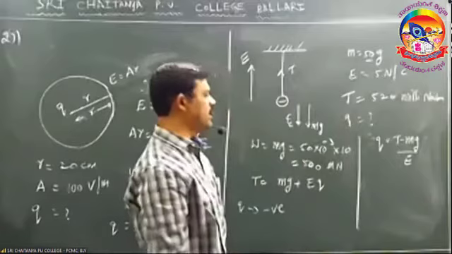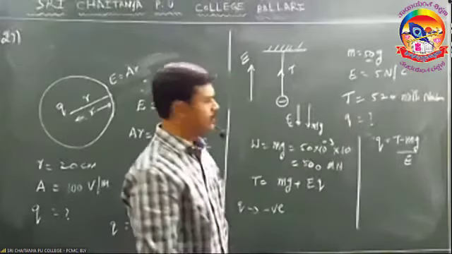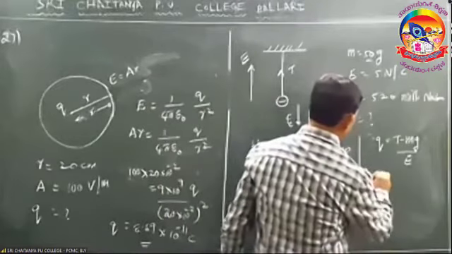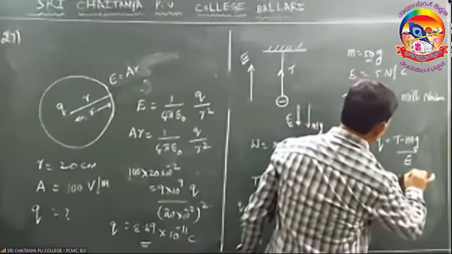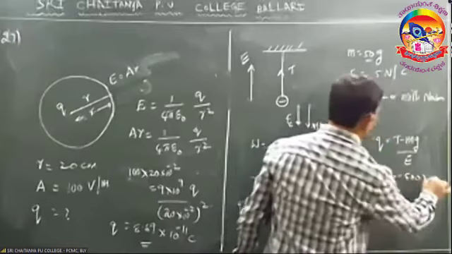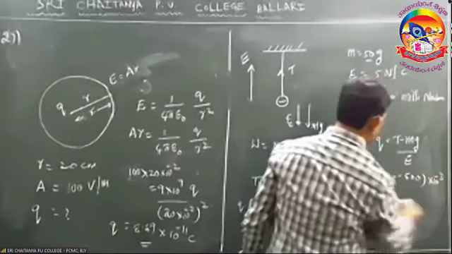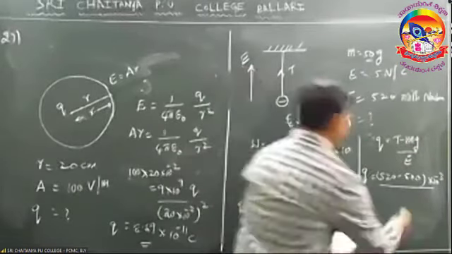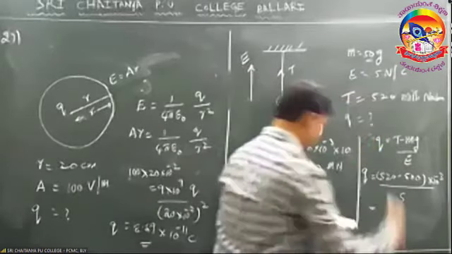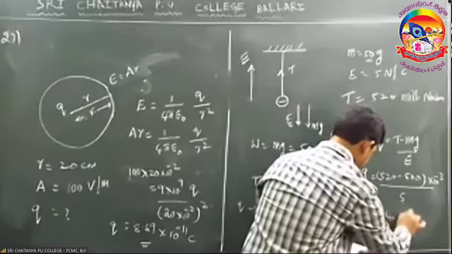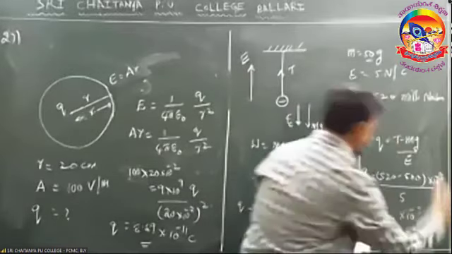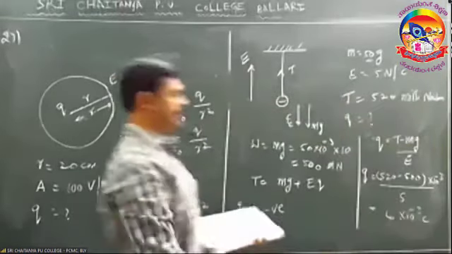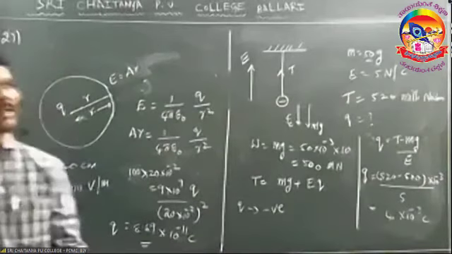You solve it, you'll get the answer. (520 minus 500) milli, 10 power minus 3, by E, which is 5. Solve it, you'll get the answer: 4 into 10 power minus 3 Coulomb.